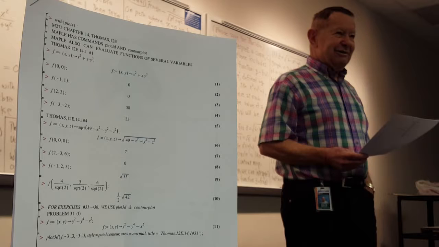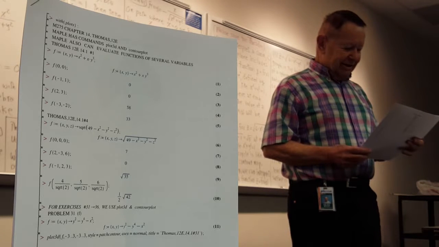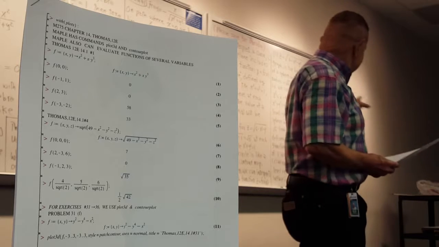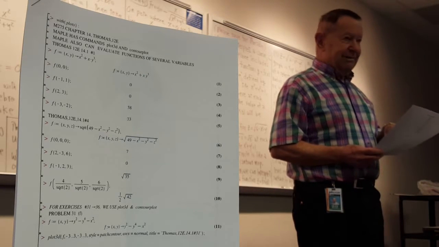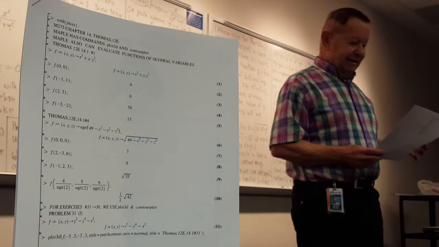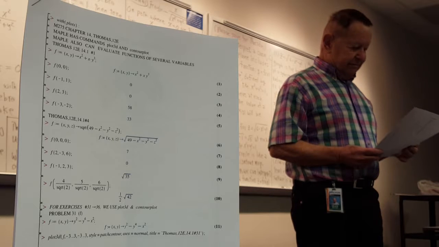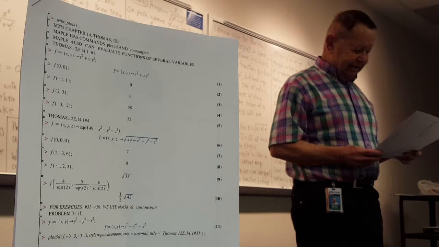You really don't want to do that in your head. And the next one is very similar to my example here, the 49 minus x squared minus y squared minus z squared. So you can get function values again in the same way.